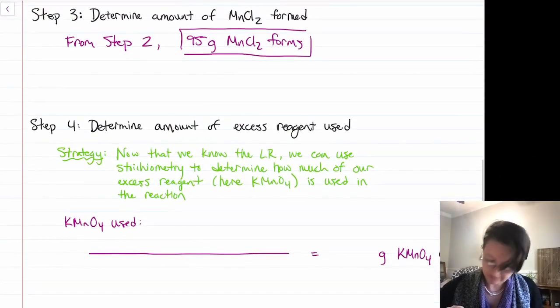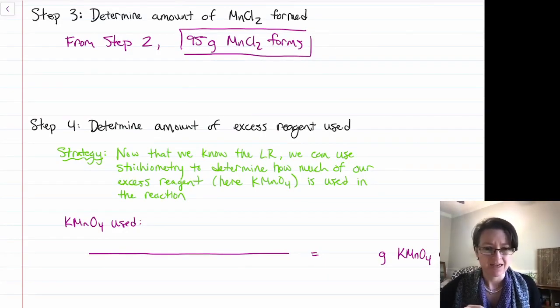My strategy here is going to be to go and use stoichiometry one more time. This time, we're actually going to calculate, based on the fact that we know the limiting reagent, we can use stoichiometry to determine how much of our excess reagent is going to be used up during the reaction.